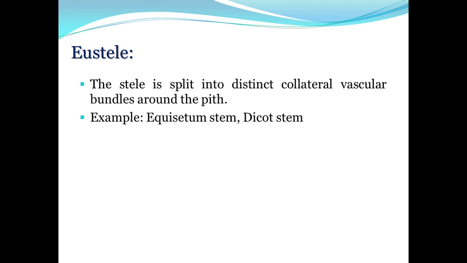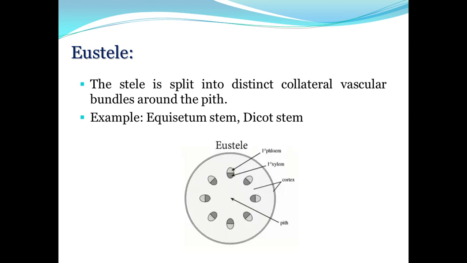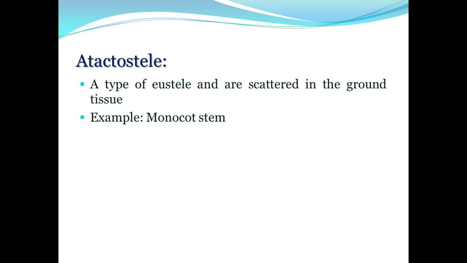Eustele. The stele is split into distinct collateral vascular bundles around the pith, for example, Equisetum stem and dicot stem. So here the vascular bundles are arranged in a regular manner. While what is atactostele? A type of eustele with bundles scattered in the ground tissue, for example, monocot stem.